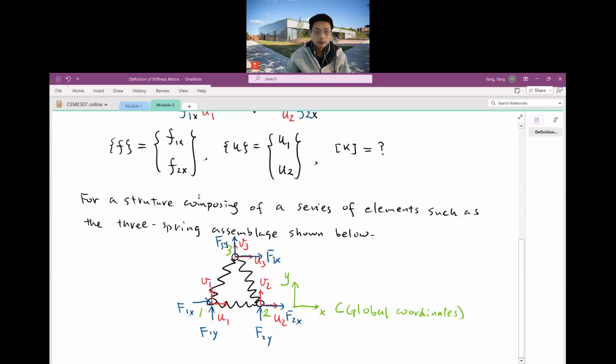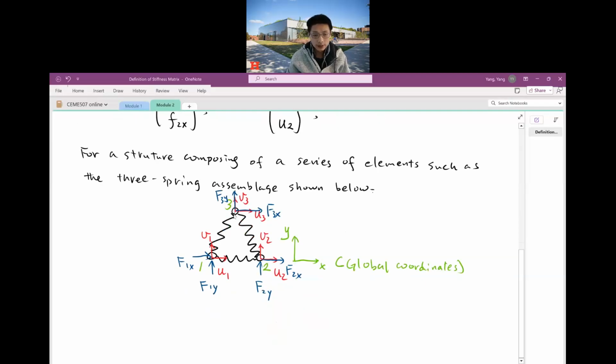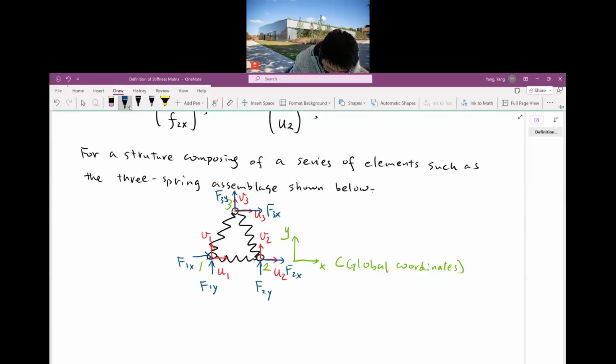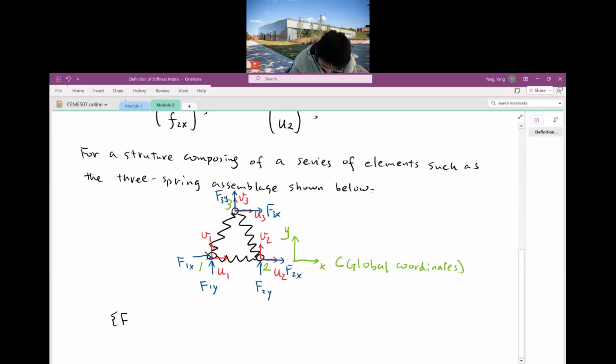So those are the displacements and forces we need to consider for a two-dimensional geometry. For one-dimensional geometry, typically we need to consider fewer forces and displacements.